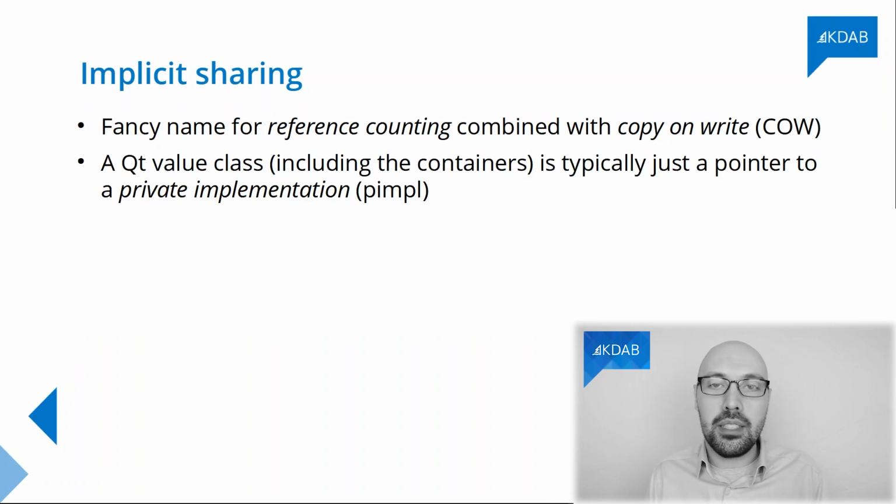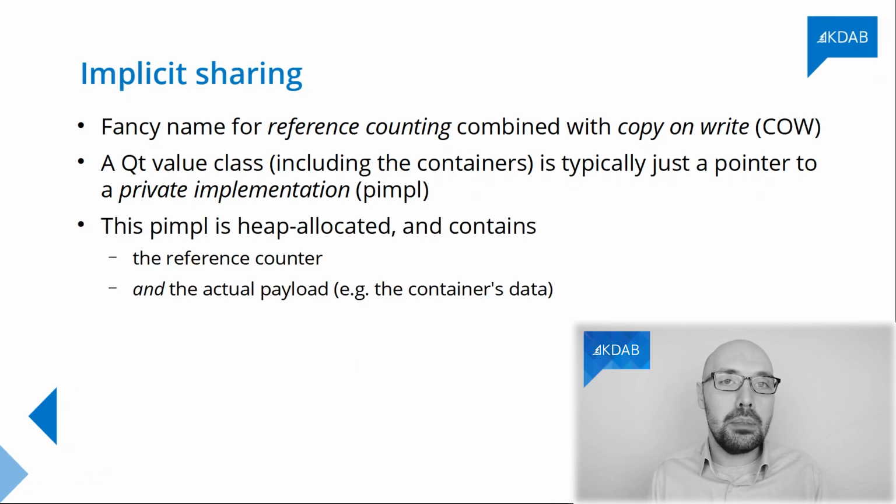How is this implemented? It's implemented in a very simple way. If you take any Qt value class that you like, so QVector, QList, but also QString or QImage and such, these classes are nothing but a small pointer to a private part called a private implementation part, or pimpl.